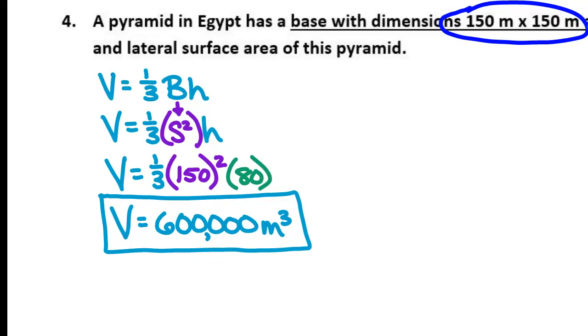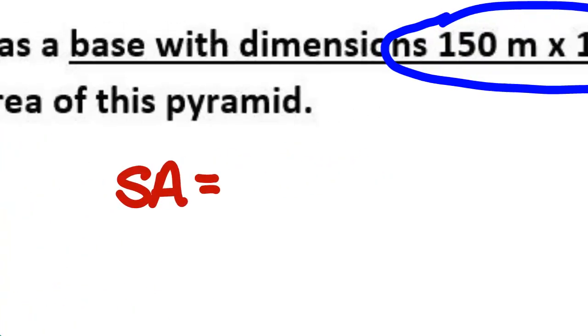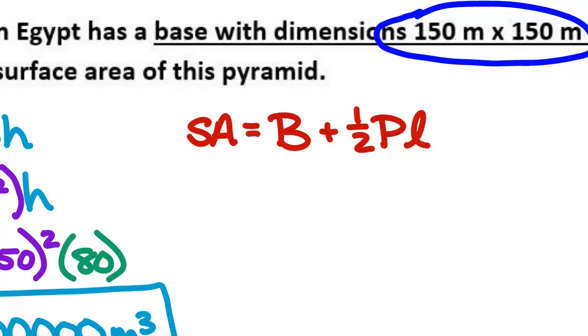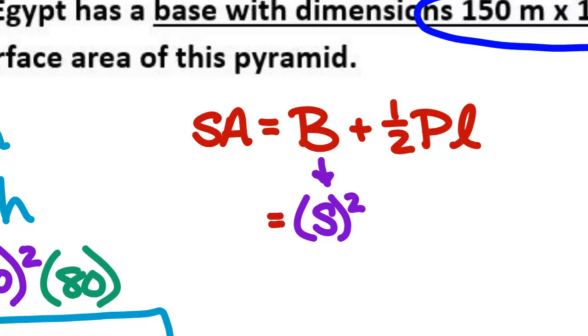Right, then we're supposed to find the surface area. What's my formula for surface area for a pyramid? Yep. So the capital B is area of the base. You told me my base is a square, so we have side squared for the area of the base.